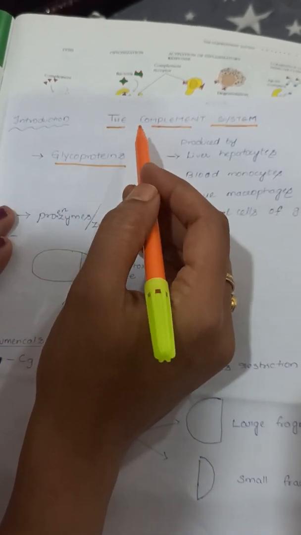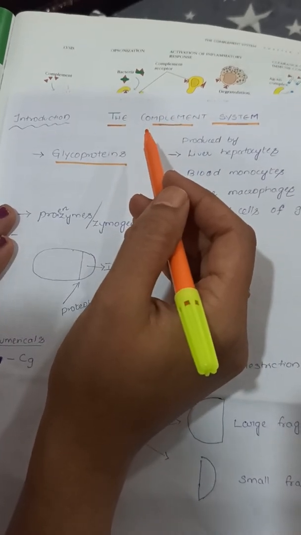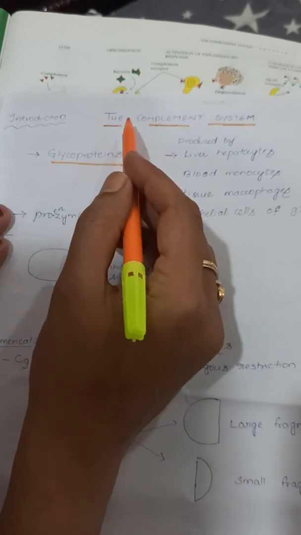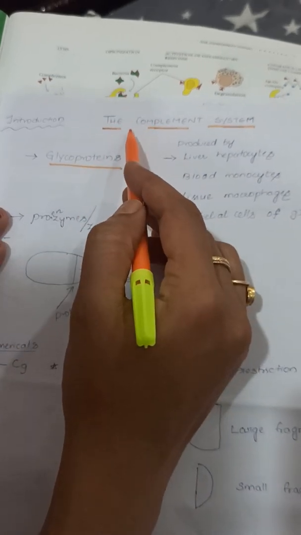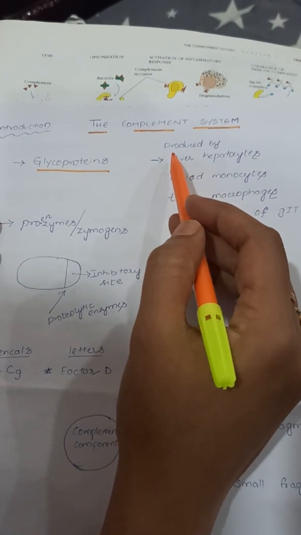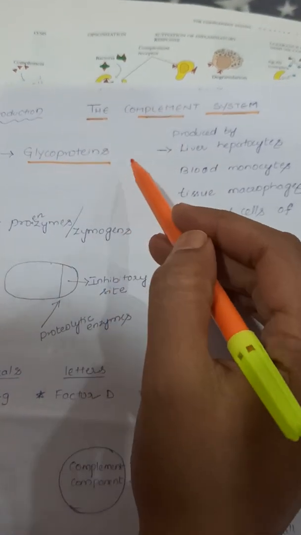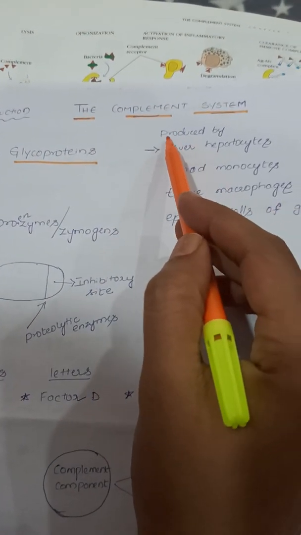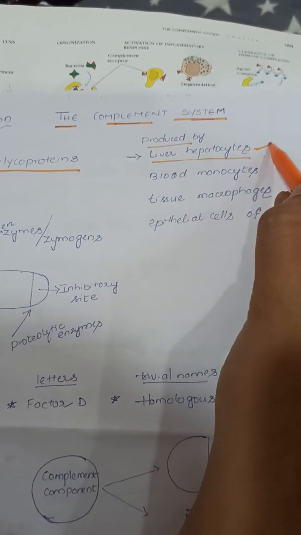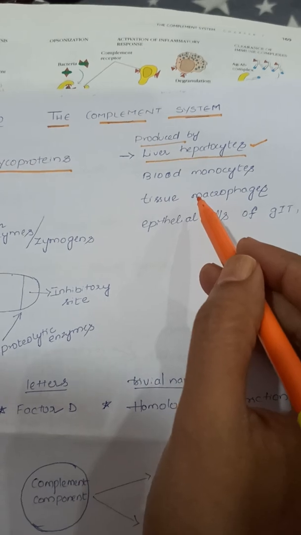They complement the activity of antibodies, and hence this group of glycoproteins is considered under the complement system. These complement components are glycoproteins, and they are produced mostly by liver hepatocytes.